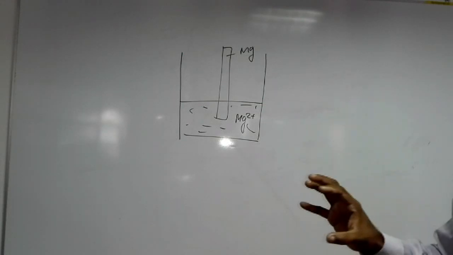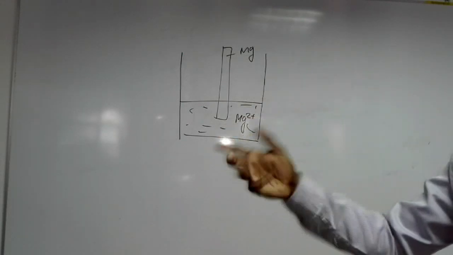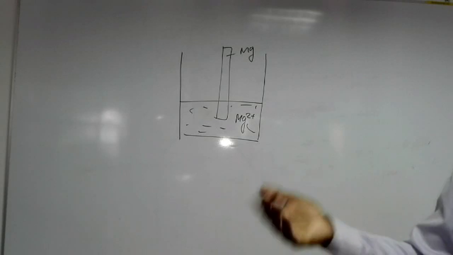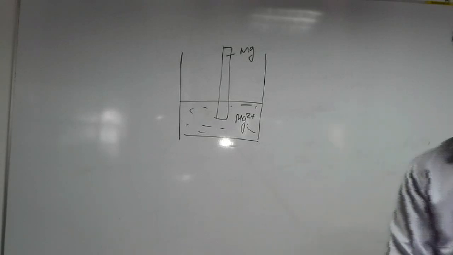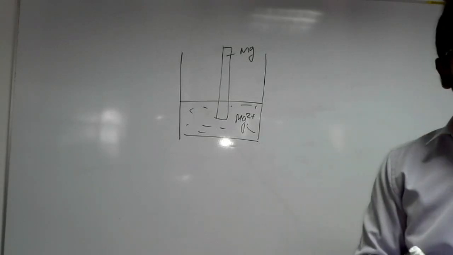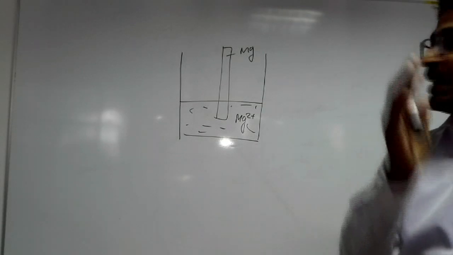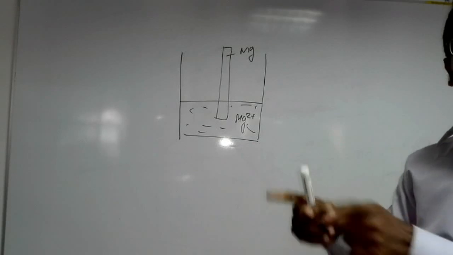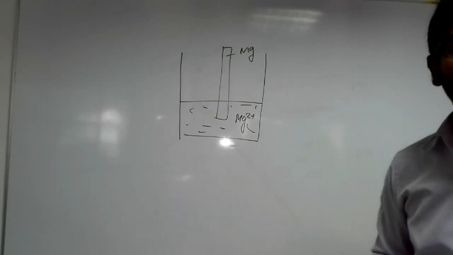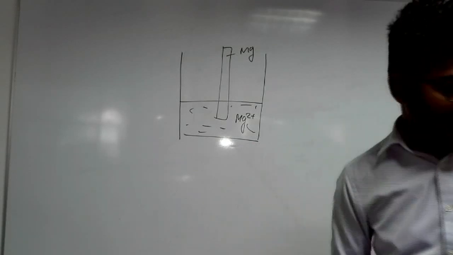A standard electrode means we have to discuss what the standard electrode is. So far we have discussed the metal ion electrode. Then we are going to move into the standard metal ion electrode.